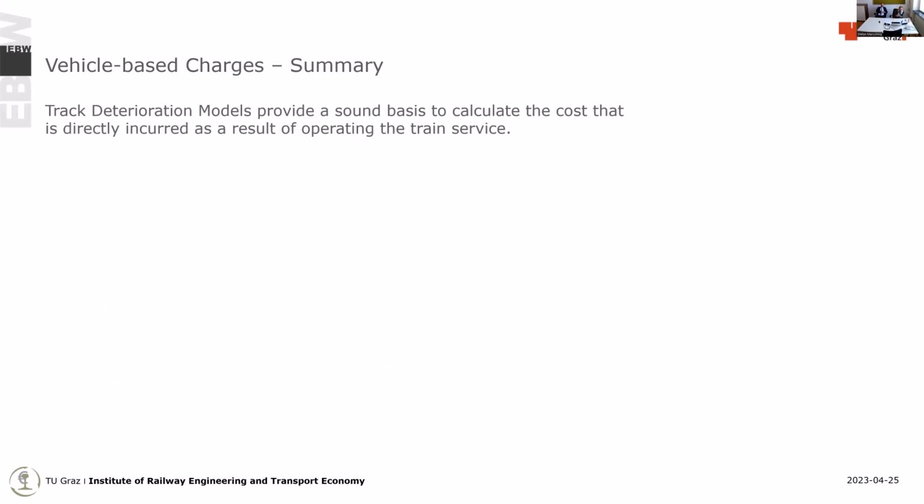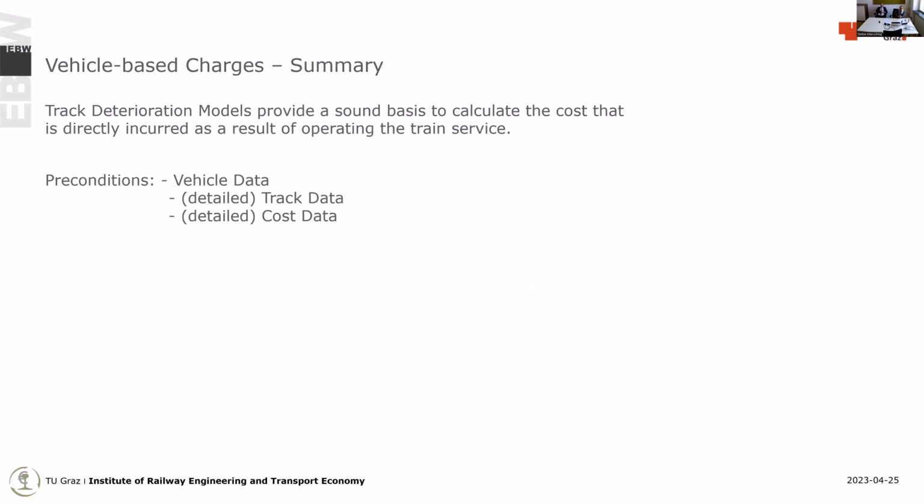If I could summarize that so far, we could use those track degradation models to provide a very sound basis for calculating those costs with an engineering approach. Remember, the best understanding of cost causation. This is the best understanding we have so far.